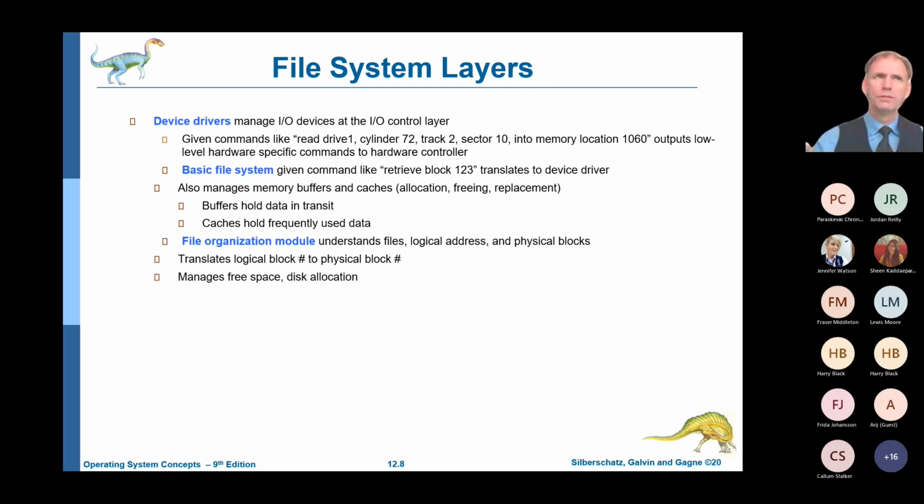Go to drive 1, cylinder 72, track 2, sector 10, and bring the data that's in there into memory location 1060. Might be the sort of command that you give to the device driver. So it goes to the device, grabs some data, puts it in memory, done.